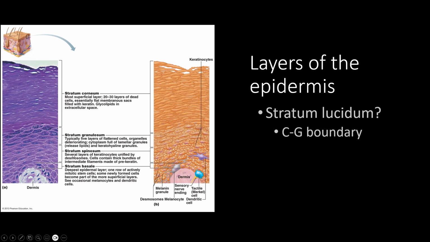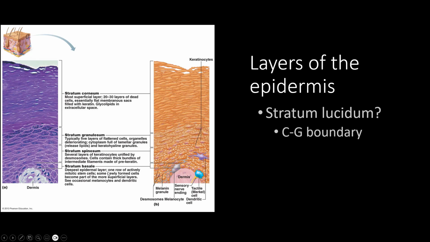The stratum spinosum is layers of keratinocytes. They're held together with desmosomes. Remember, anchoring junctions. Holds them tightly together but allows them to move a little bit. And they start making these keratin or pre-keratin filaments. So we're starting to get that waxy substance being produced.